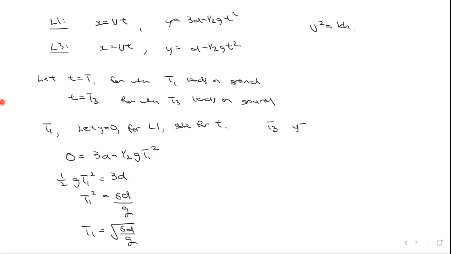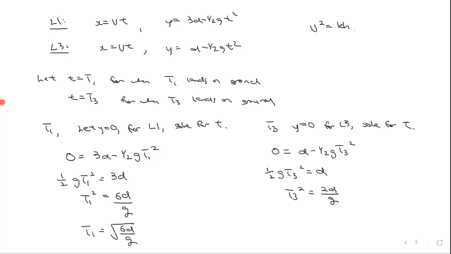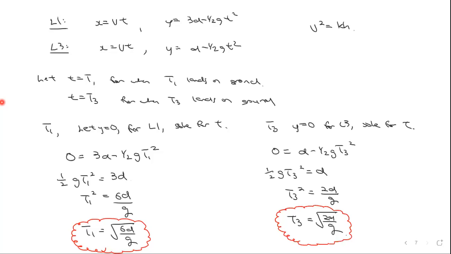You let y equal 0 for leak 3 and solve for T. So 0 must equal d minus a half g T3 squared. So half g T3 squared equals d, T3 squared must equal 2d over g. So T3 must equal the square root of 2d over g. So we've got some important results that might be helpful there.